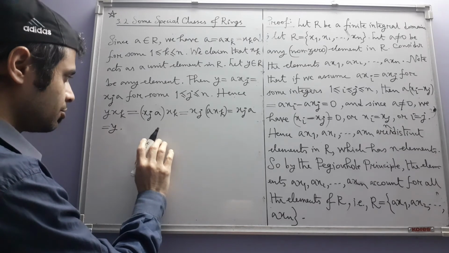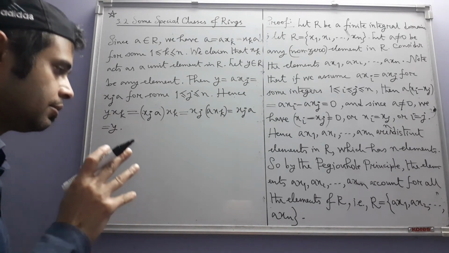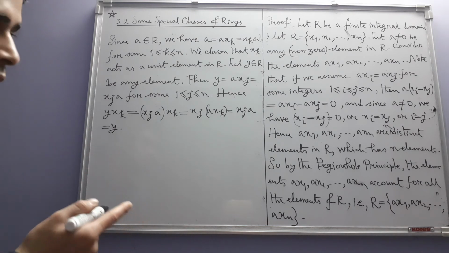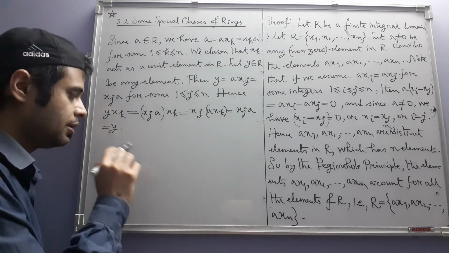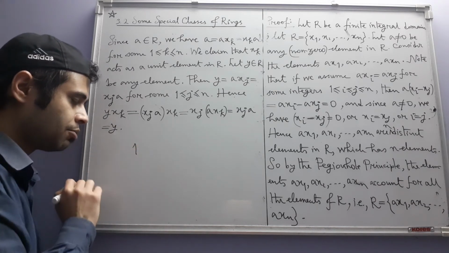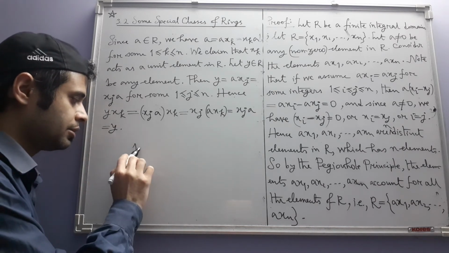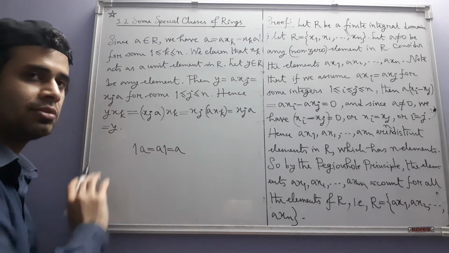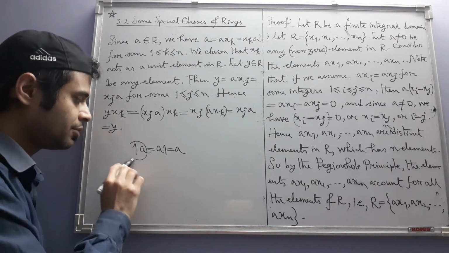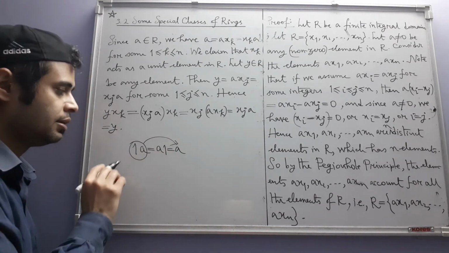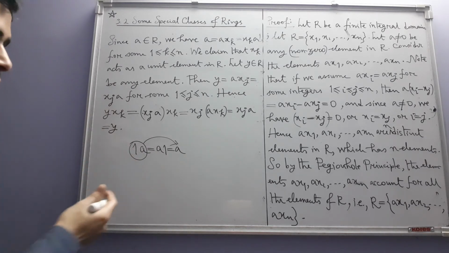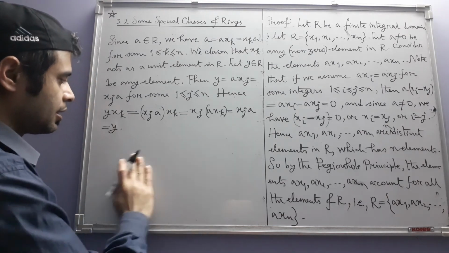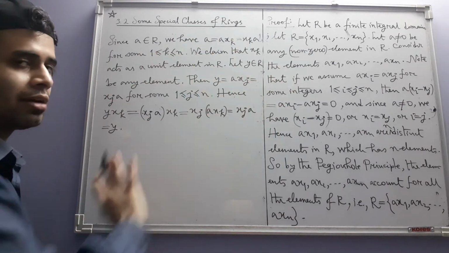That also should be kept in mind, because in a non-commutative ring also there may be unit elements, and in proving that in a non-commutative ring an element 1 is a unit element, you have to make sure that 1a and a1 are both equal to a for every a. If you just prove that this is equal to a for every a, then 1 is not necessarily a unit element. In this case, this need not be taken care of because already we have commutativity.